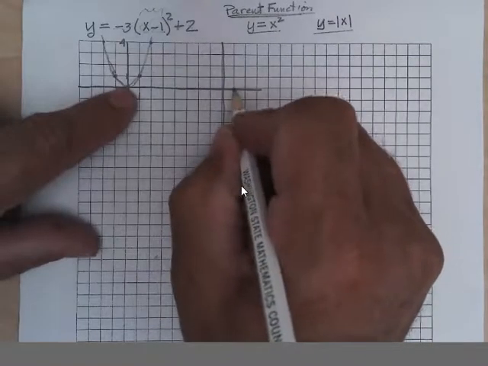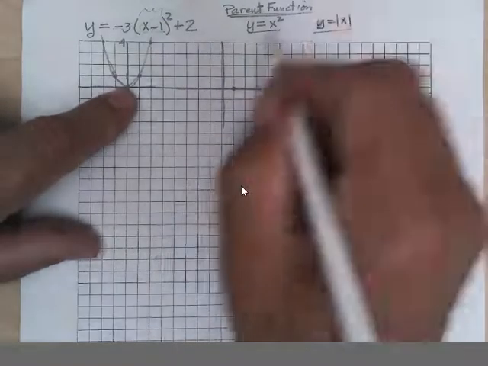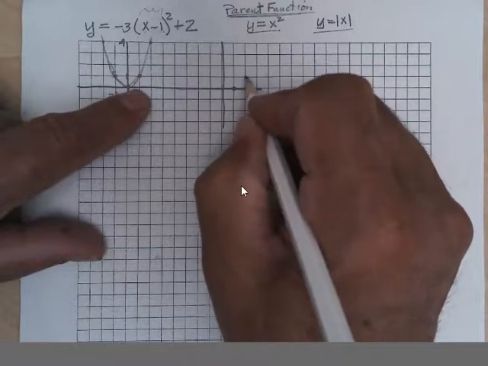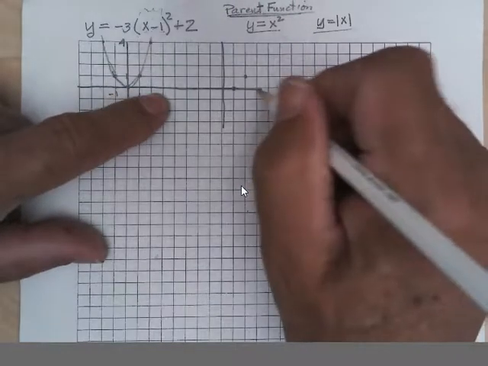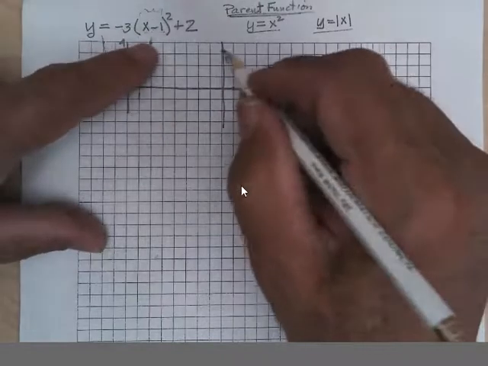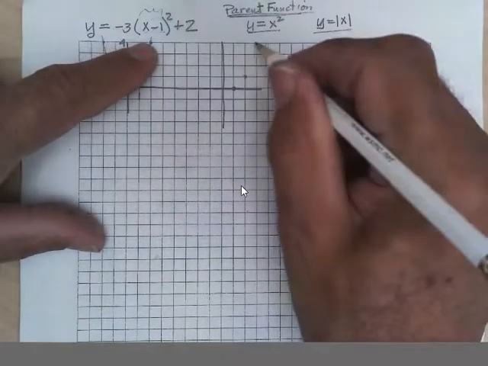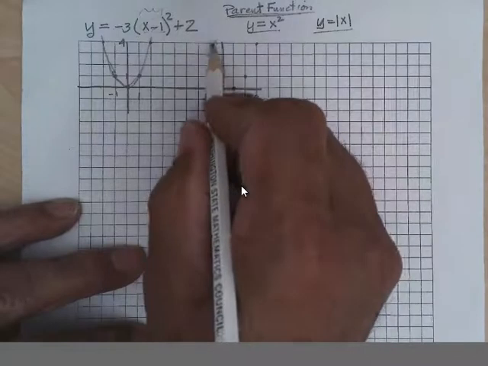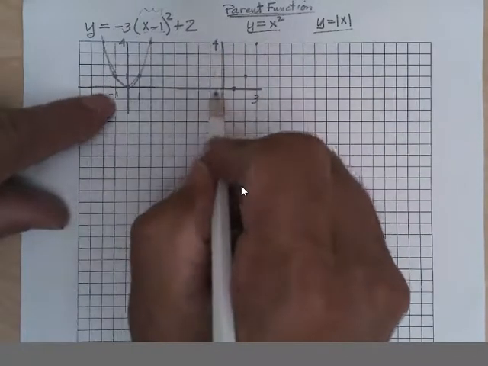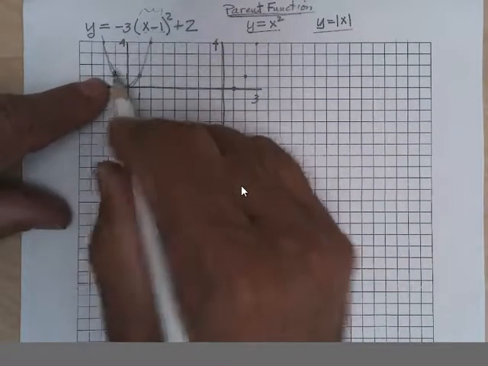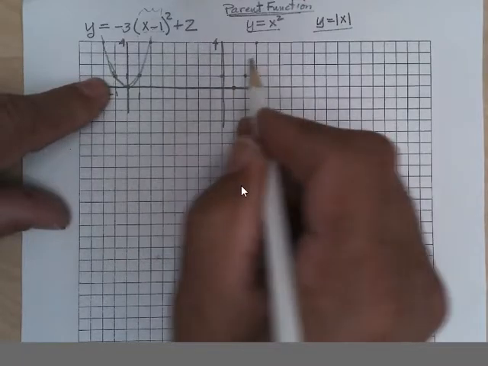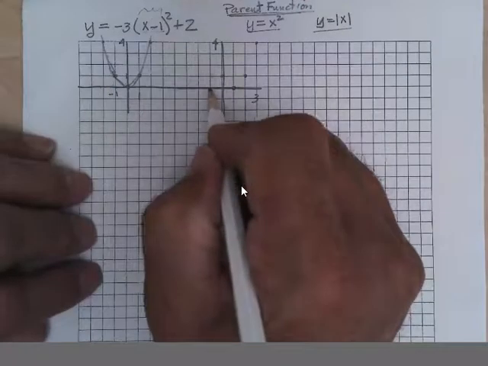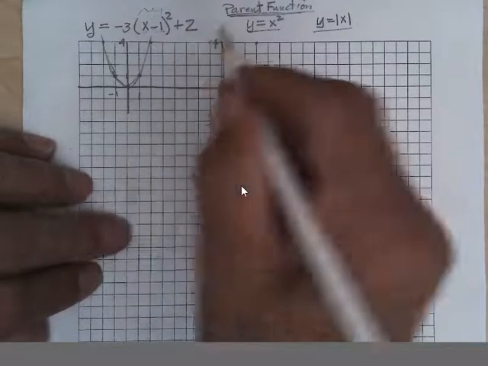So 0, 0 goes here. 1, 1 goes to 2, 1. And 2, 4 goes to 3, 4. And minus 1, 1 goes to 0, 1, and minus 2, 4 goes to minus 1, 4.